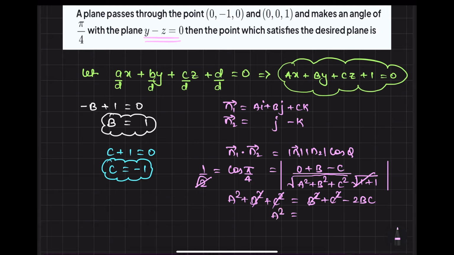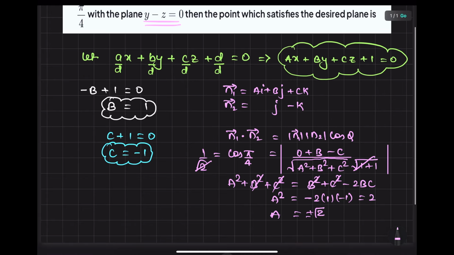And you know that b is what? 1, and c is what? Minus 1. So minus 2bc will become 2. So a will become what? Plus minus root 2. Correct? So the equation of plane will now look like, suppose a is root 2, so it is root 2 x plus b is 1, so y minus z plus 1 equals to 0.